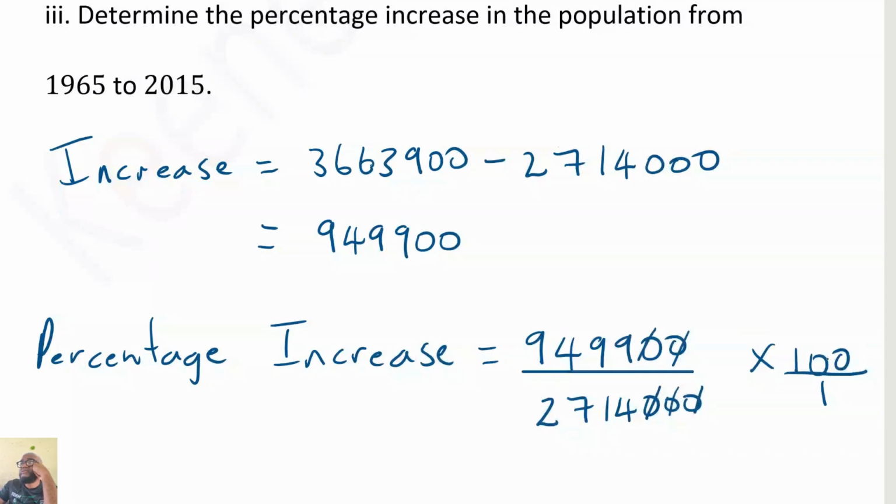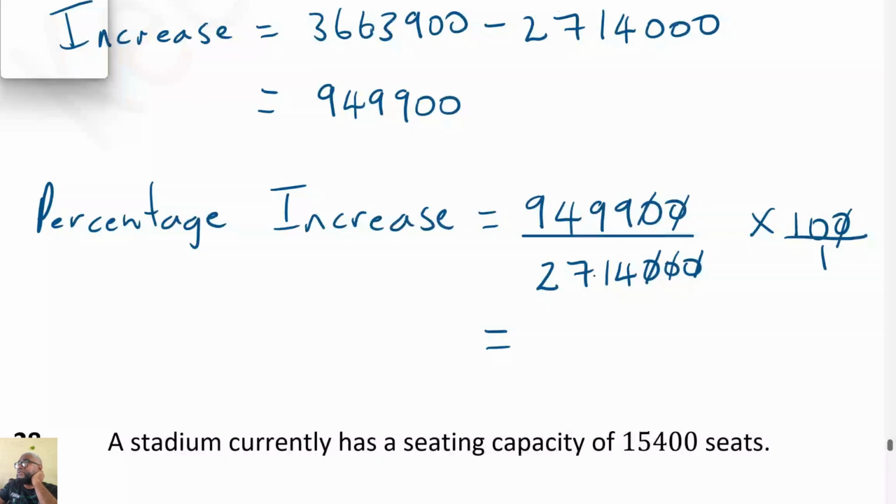And this 10 can cancel here. So do 94,990 over 2714, multiplied by 10.